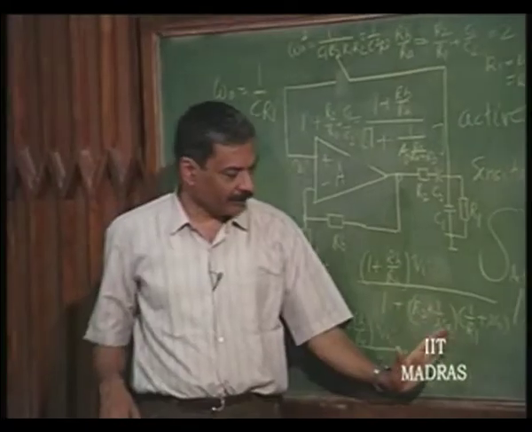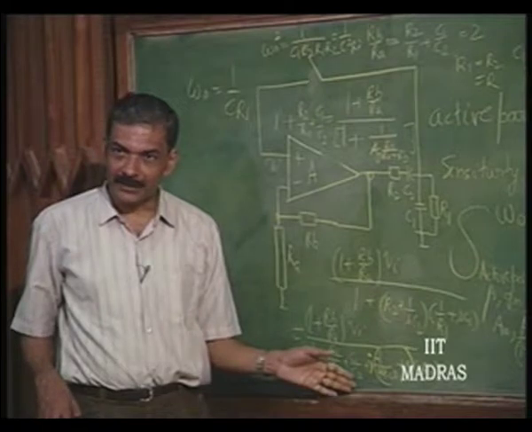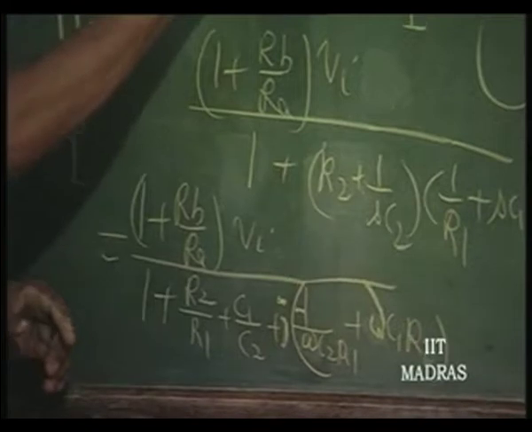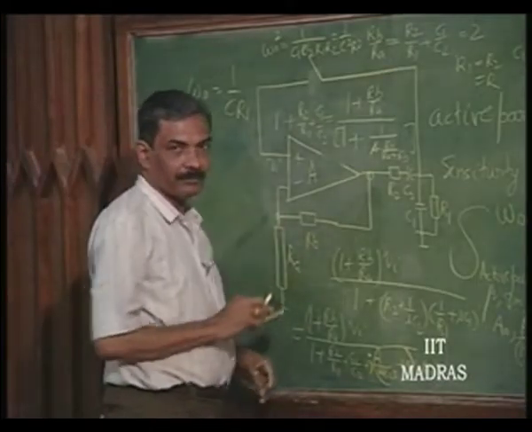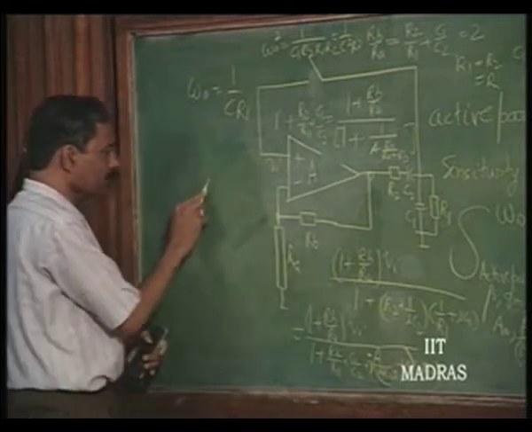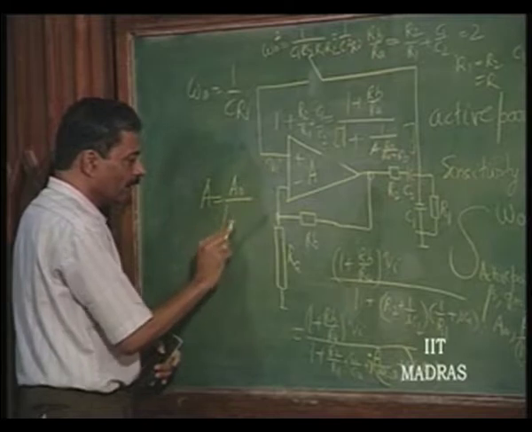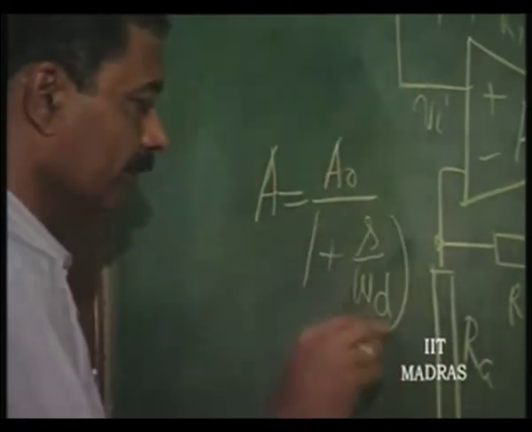A naught does not come into the picture in the frequency of oscillation. But if A is also frequency dependent, then there is a problem. Let us say A is frequency dependent and it is A naught by 1 plus S by omega d, as we have put.